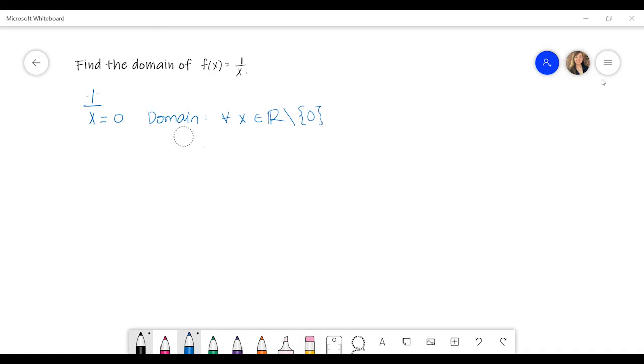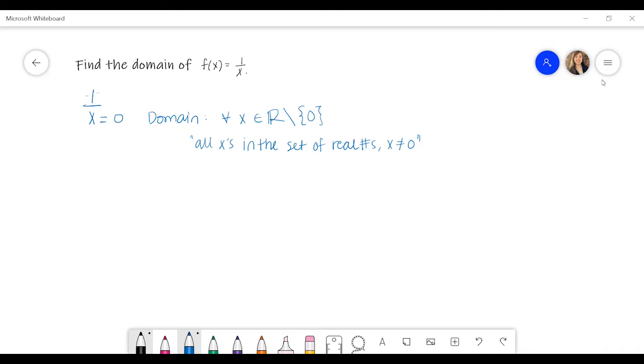All x's in the set that are not equal to 0. That's a very shorthand way of writing it. We'll use more notation as we move forward.